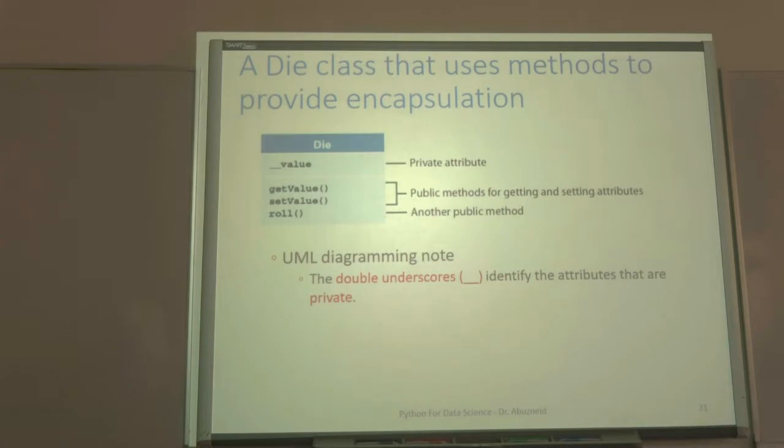But when you make it private, only methods that belong to the class can deal with it. So it has nothing to do with users. It has to do with you as a programmer, so that you don't forget and try to access a private value from outside that class.